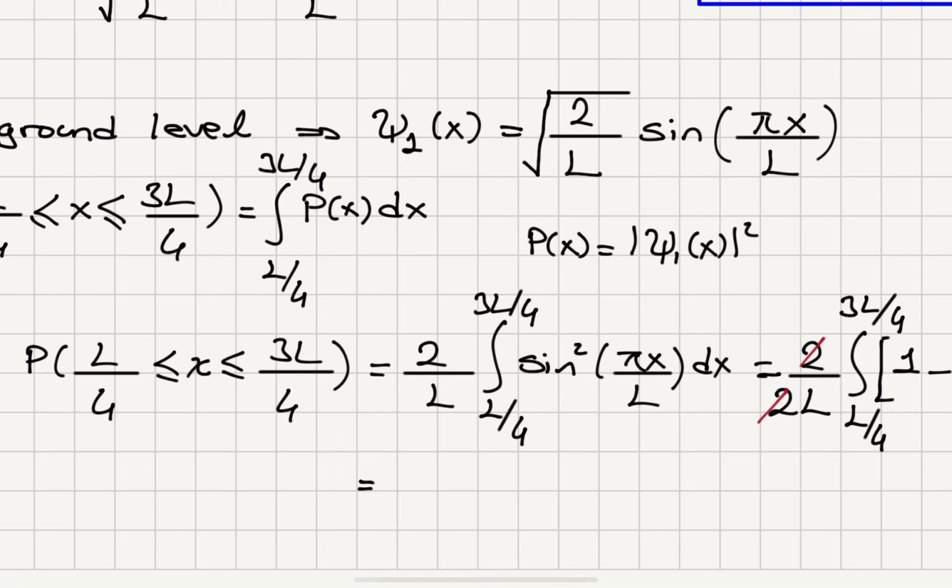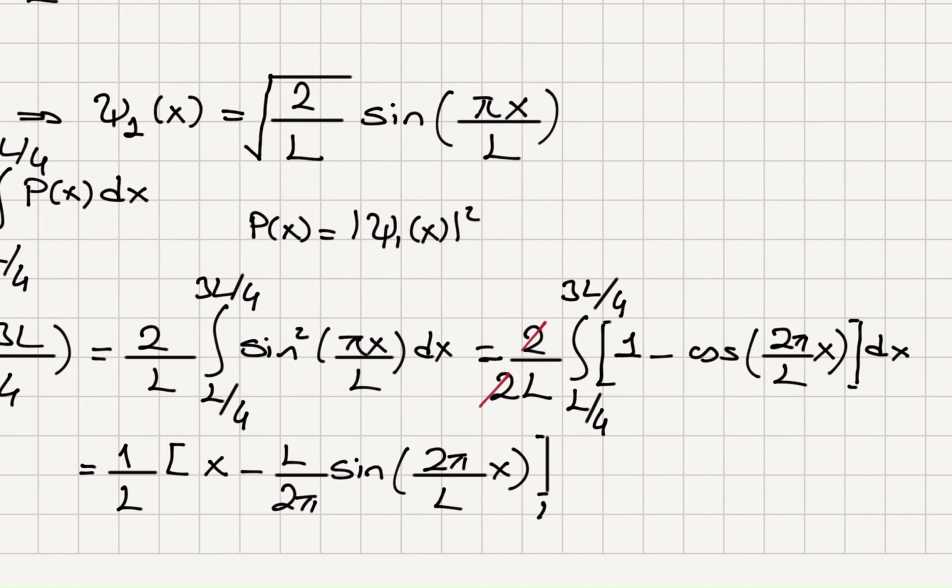Okay, and this will give us, for the first term, 1 over capital L, the integral of dx is x, the integral of cosine 2 pi x over L is minus capital L over 2 pi sine 2 pi x over L, and this is to be evaluated between x equals L over 4 and 3L over 4.